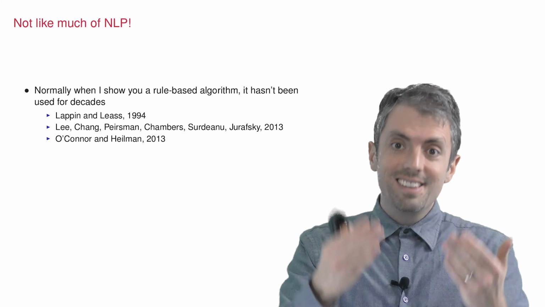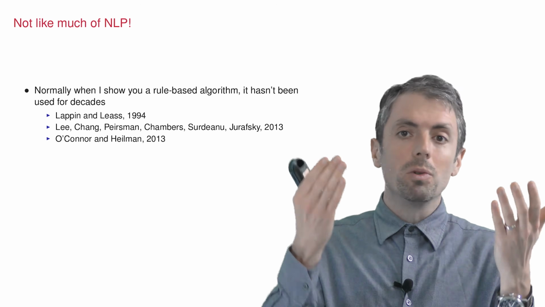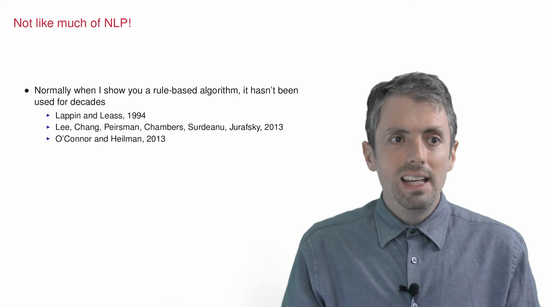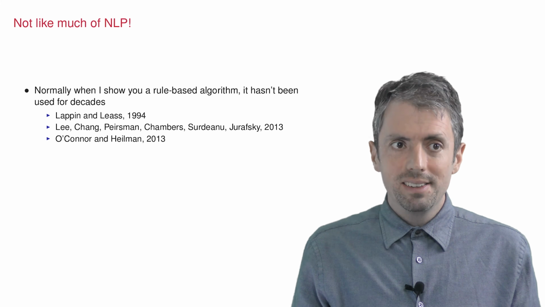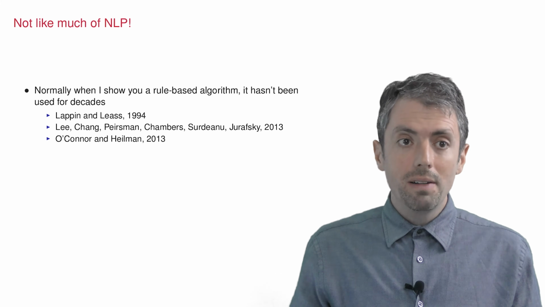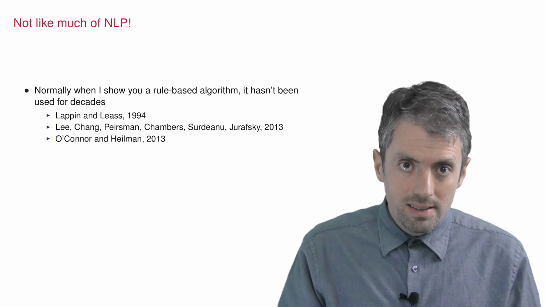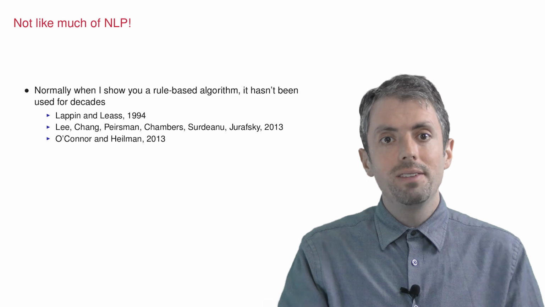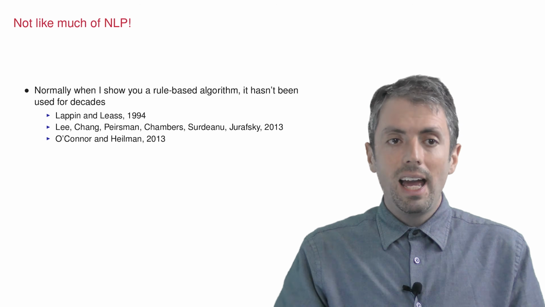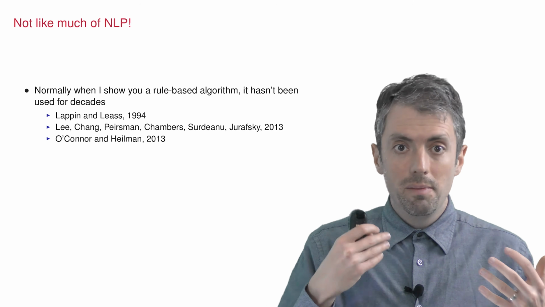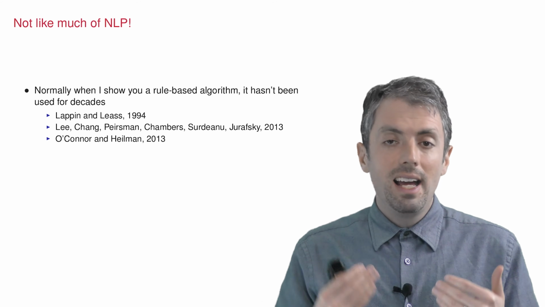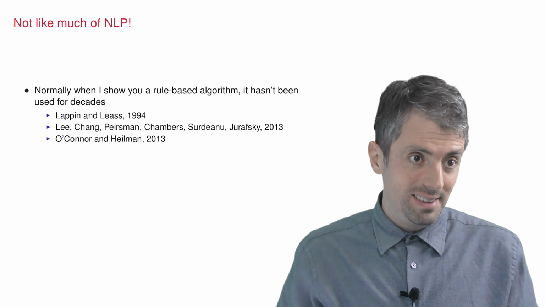Normally, in this class, when I talk about some rule-based algorithm, it hasn't been used in decades. But for coreference, the story is very different. Rule-based algorithms are still competitive coreference systems. And up until the mid-2010s, they were the best.